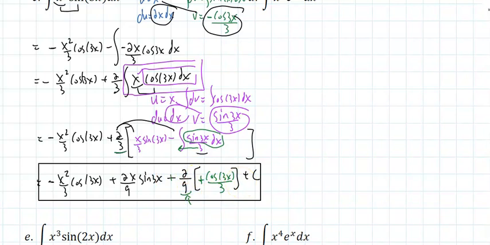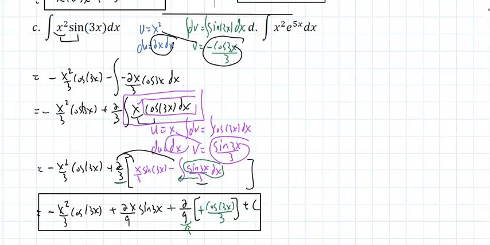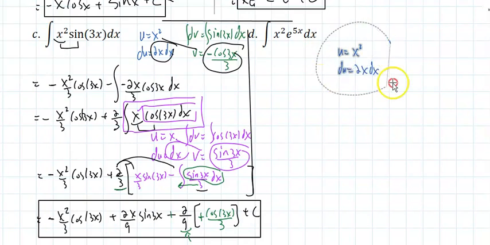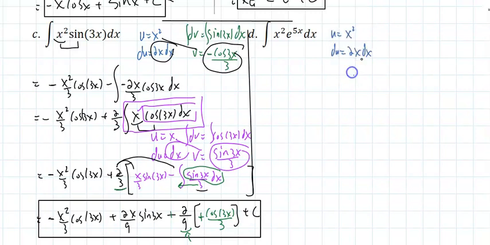So some of these problems we need to do integration by parts twice. Some we need to do integration by parts 3 times. If I look at this problem, the same deal. If I glance at this, say, wait a minute, well, I'm going to let u equal x squared. du is 2x dx. Which means dv is going to be whatever's left over, e to the 5x dx.